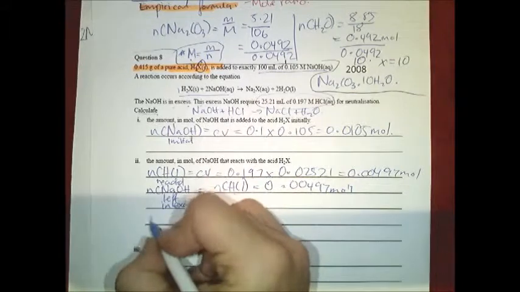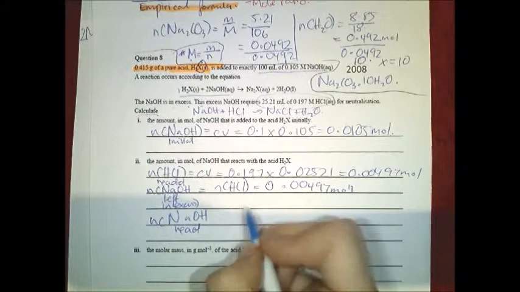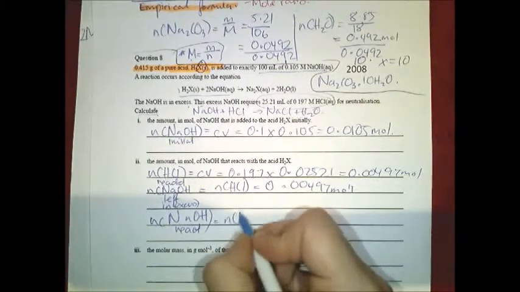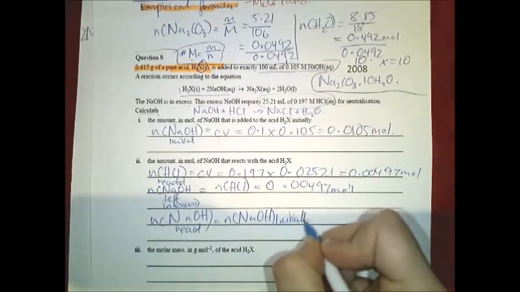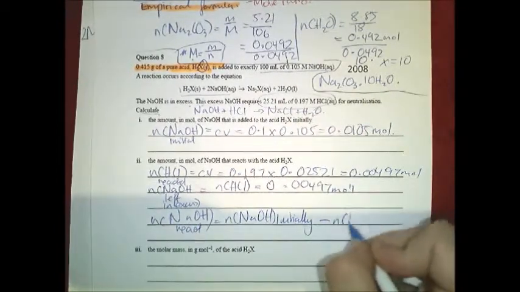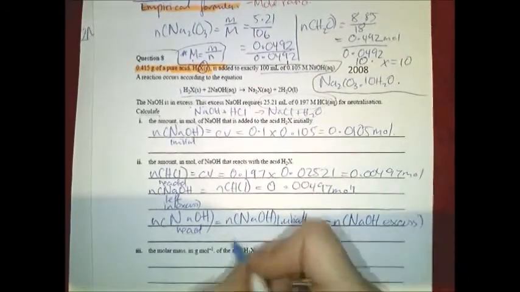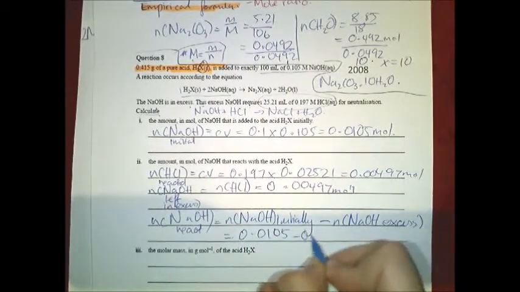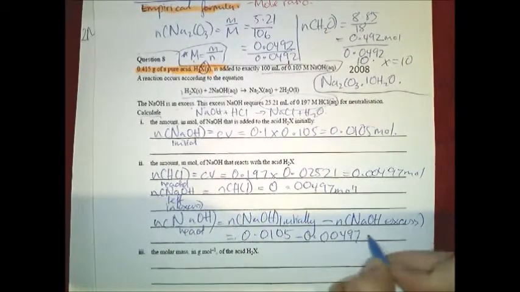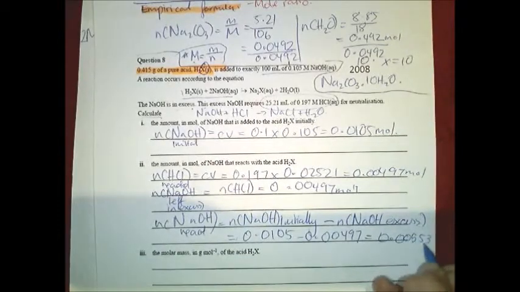So the moles of NaOH that reacted with the acid equals the moles of NaOH initially minus the moles of NaOH in excess equals 0.0105 minus 0.00497, 0.00553 mole.